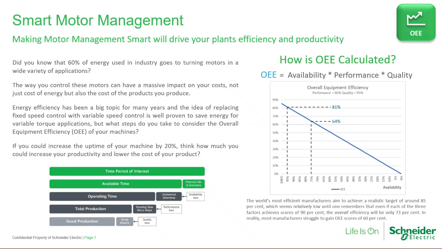And more now people are taking this OEE figure and utilizing it to benchmark their products or their machines and their processes against other processes to understand where they can best gain performance and reduce costs by implementing similar operational techniques across multiple sites. Typically, OEE is made up of 3 figures: the availability figure, the performance figure, and the quality. And small changes in each of those can drastically change your overall equipment efficiency figures.